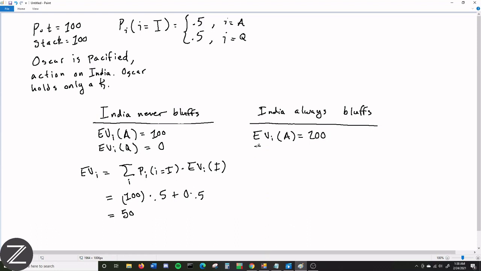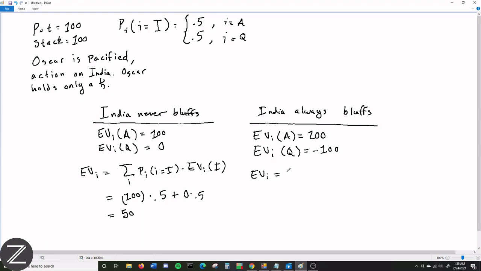And so the expectation for India's queen is going to be minus 100, since India always bluffs the queen and Oscar is always calling, so the queen is always going to lose India's entire stack here. And so here we're going to see a similar thing.